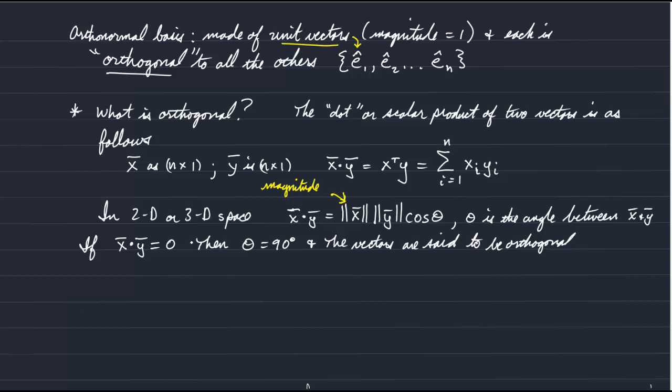I should state that this defines what orthogonality is, the dot product of two vectors being equal to 0. And in 2 and 3D space, you can interpret that as the angle between them being 90 degrees. But this property holds for any n-dimensional space.